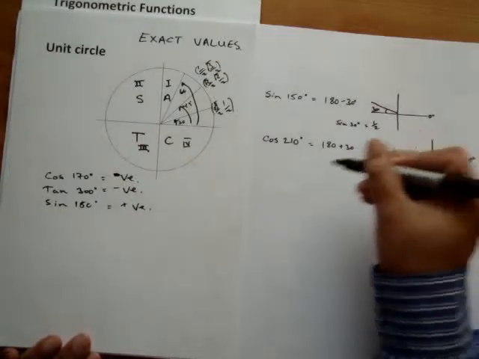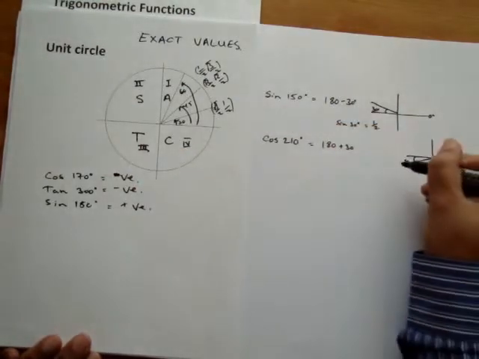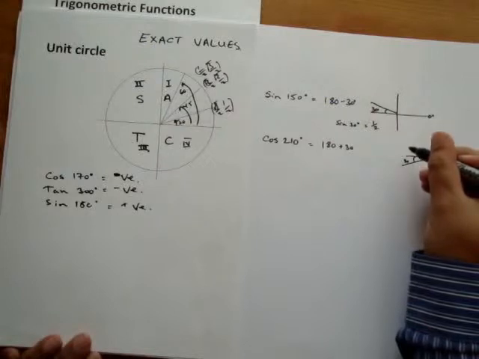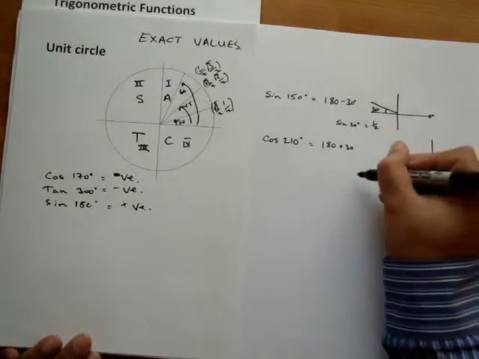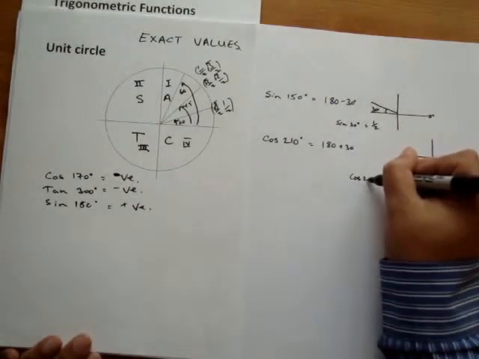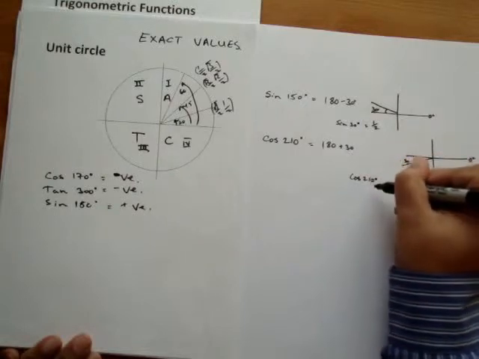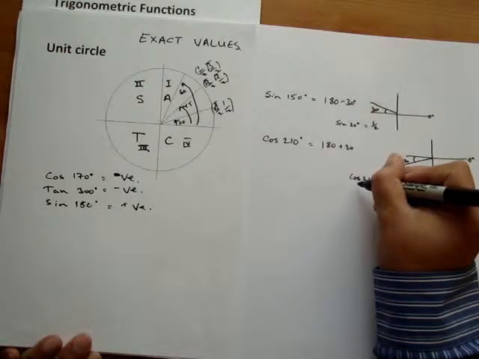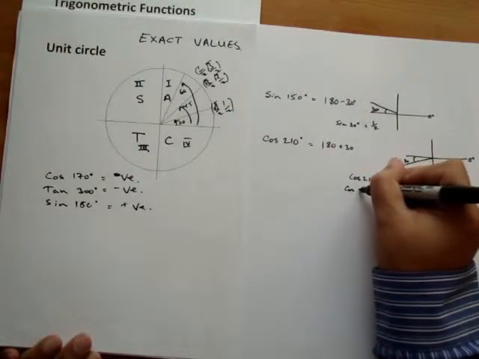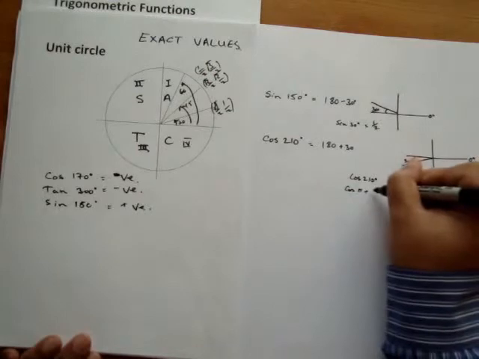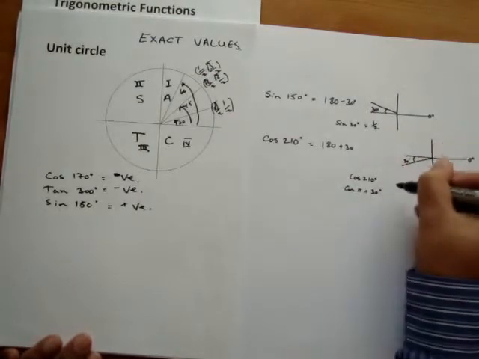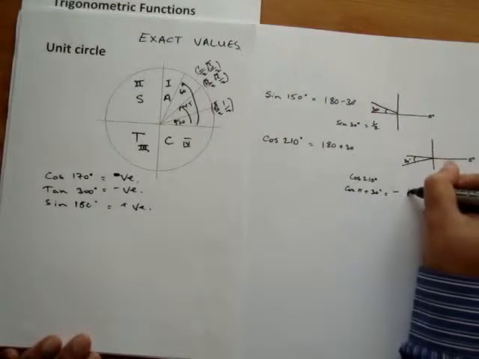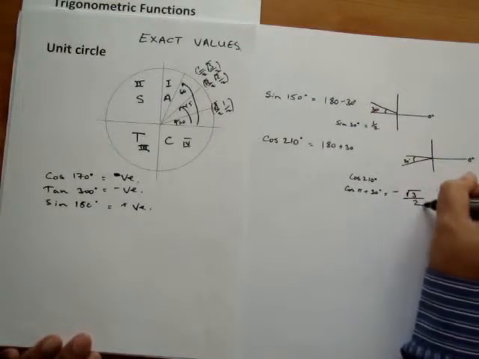And then in quadrant 3, cosine is negative, so our cosine 210 degrees would be the same as cos pi plus 30 degrees, and that would equal negative square root of 3 over 2.